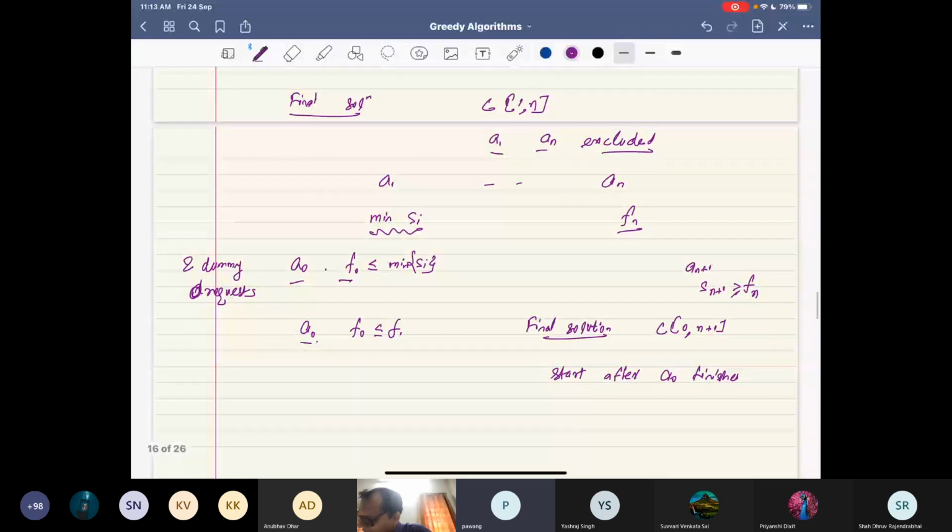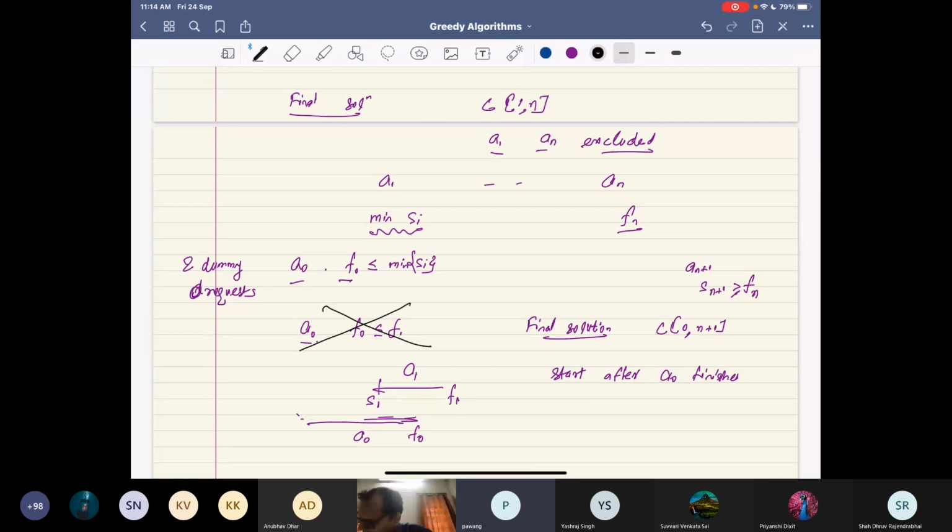Now what you have ensured is that A0 finishes before F1, but A1 might start earlier. So then A1 will be excluded from here, isn't it? Right? So that's why I cannot define it in that way.